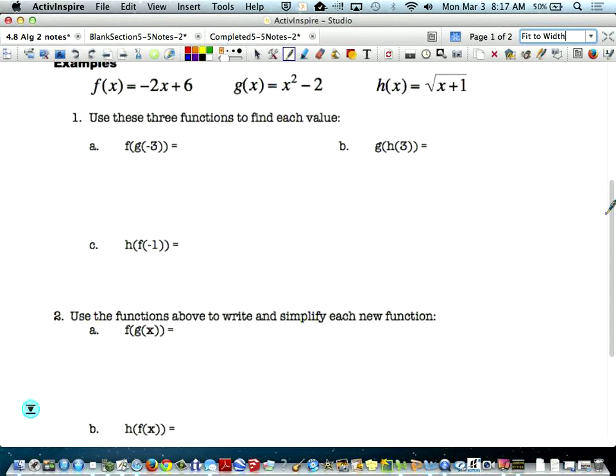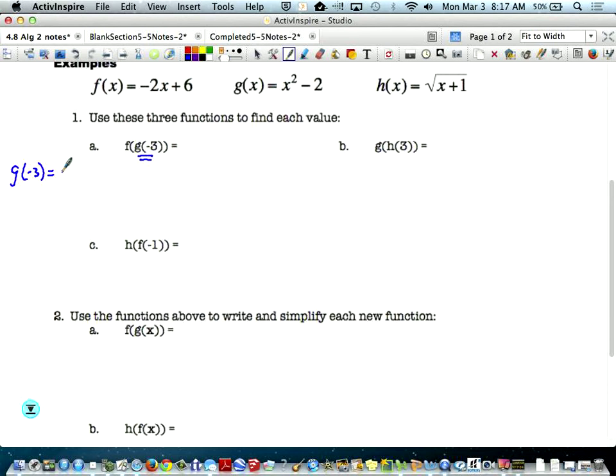Okay. So we have F, G, and H. The very first example is G of -3 is going to be dropped into F. So first, we need to do G of -3. So what is that? Maybe off to the sides you do G of -3, right?